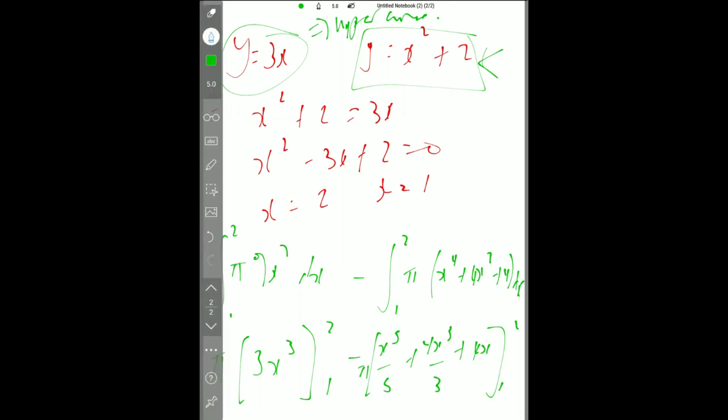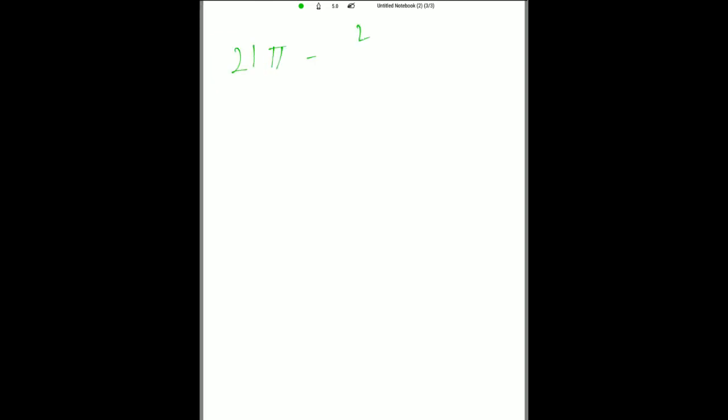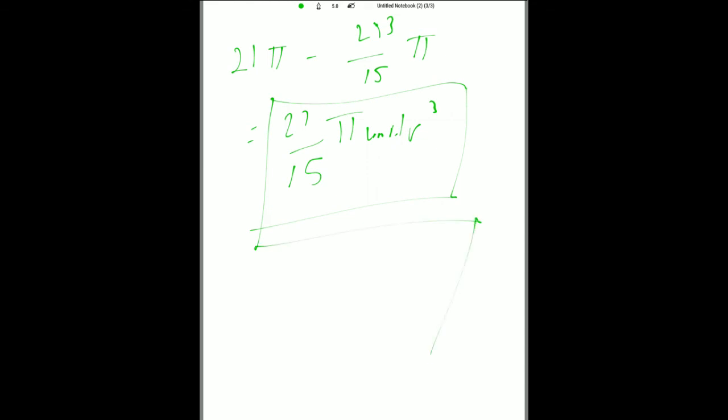So you can substitute those for yourself, but we will end up getting 21 pi minus 293 over 15 pi, giving us what? 22 over 15 pi units cubed. So what we're being told here is that the volume of the solid generated by the area between the two curves y equals 3x and y equals x squared plus 2 would be 22 over 15 pi units cubed.